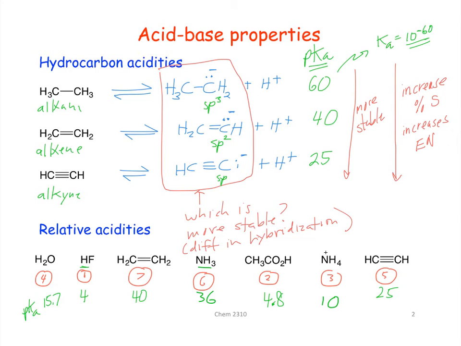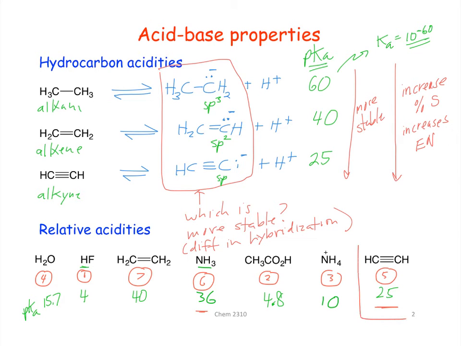So this alkyne now is getting a pKa down in the range that we've done acid-base chemistry before. We already did some acid-base chemistry on ammonia when we did that dissolving metal reduction.